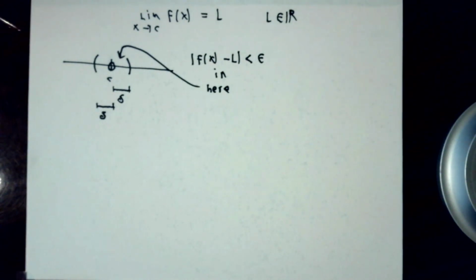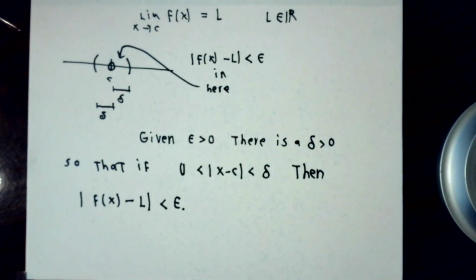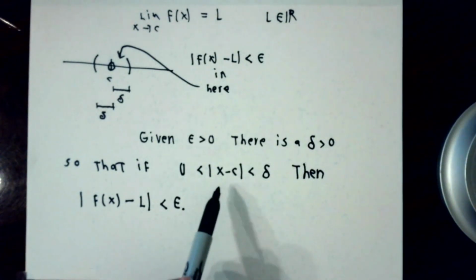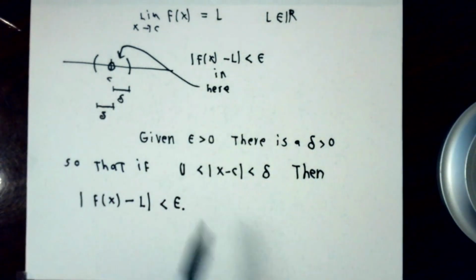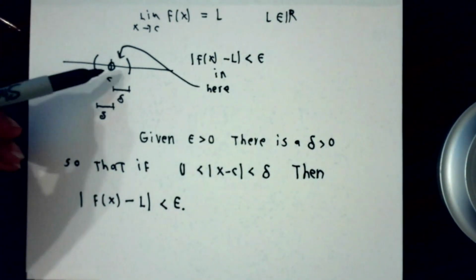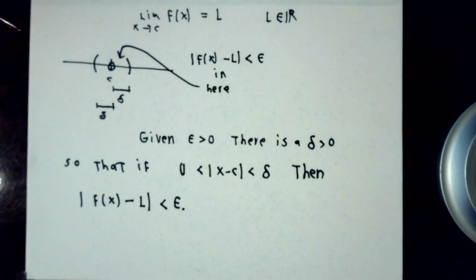So putting all of this together, here's the official definition for what it means for this limit to equal L. Given any positive number epsilon, there needs to exist a delta, which is positive and may depend on the value of epsilon, so that if the distance from x to c is smaller than delta, this keeps me within this interval, and is bigger than 0, that keeps me from looking right at x equals c, then the absolute value of f of x minus L is less than epsilon.